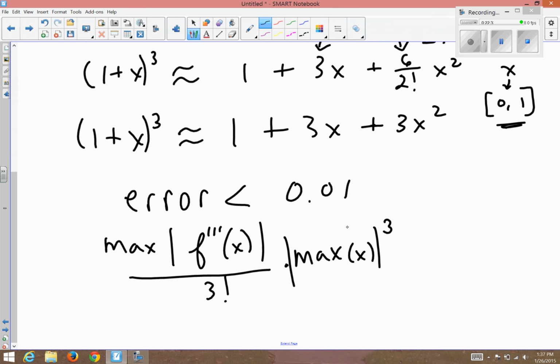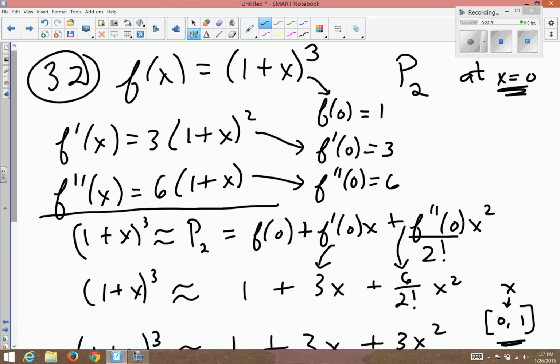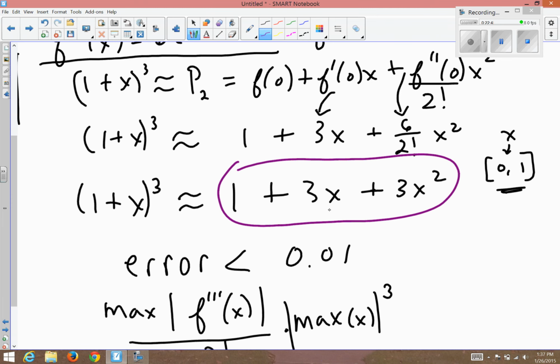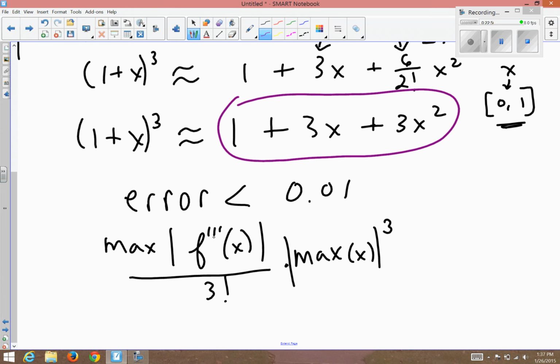So these are all 3's: third derivative, 3 factorial, exponent 3, because we went up to the second derivative to get this polynomial. So we use the next derivative, the next term, to get the error. And the directions want this error to be less than 1/100th.